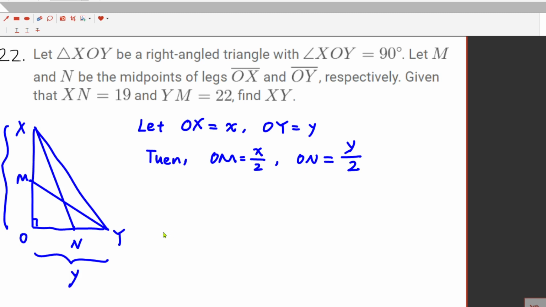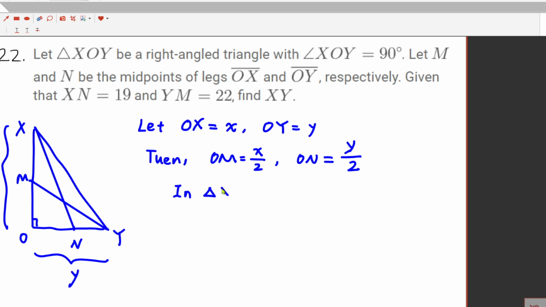Then we can use the Pythagorean theorem, right, to establish two equations in terms of x and y. Then probably we can solve the two unknown variables, right? So first of all, because there are two right triangles, we can use the Pythagorean theorem twice. That gives us two equations.